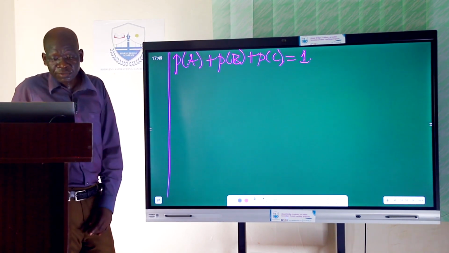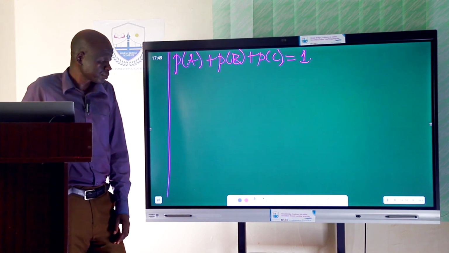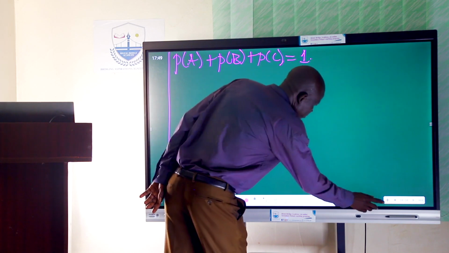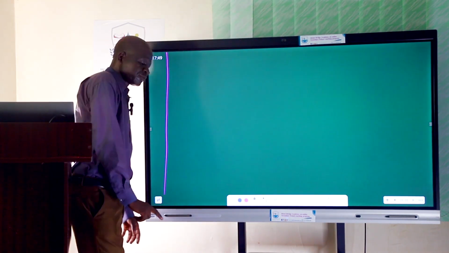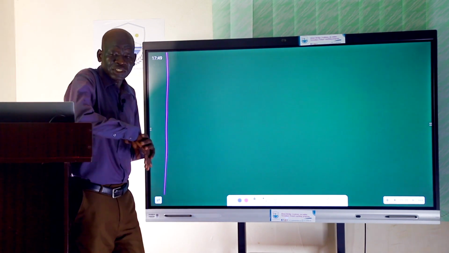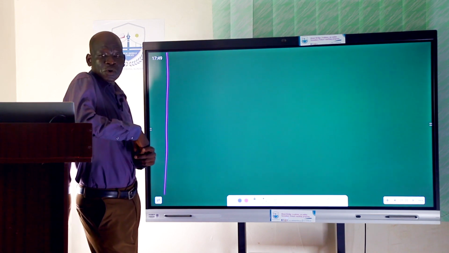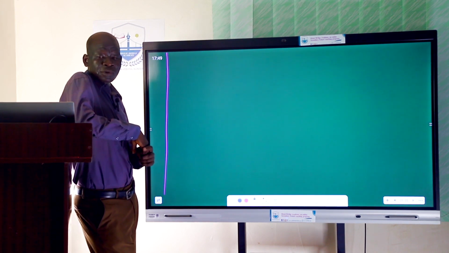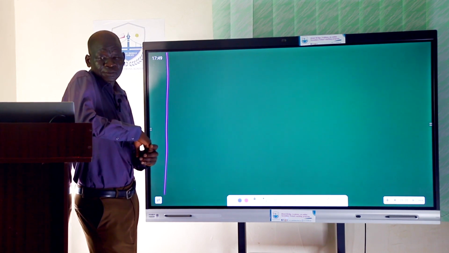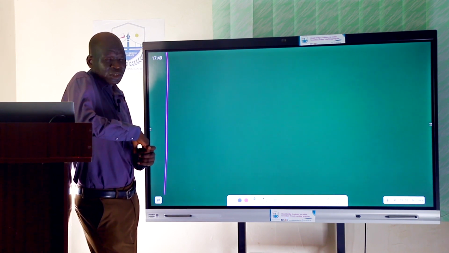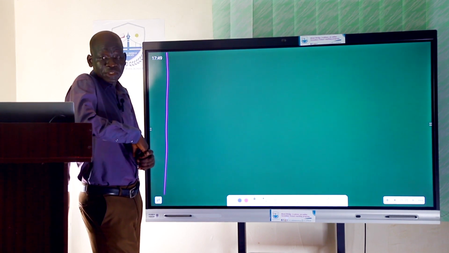Using this formula, we can look at an example. Before we look at this example, there are some key terms which we need to understand in probability theory. There is this word, the "or". "Or" in probability theory means union, and union means addition. Then "and" means multiplication.